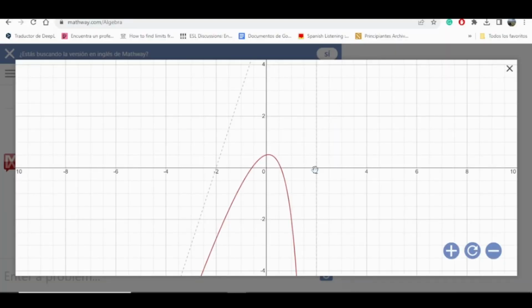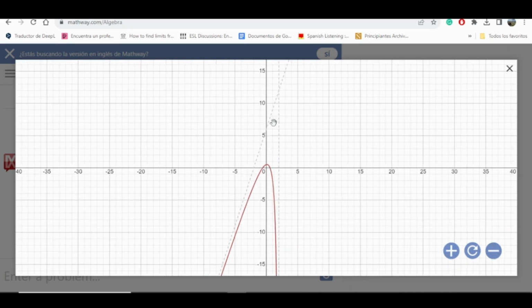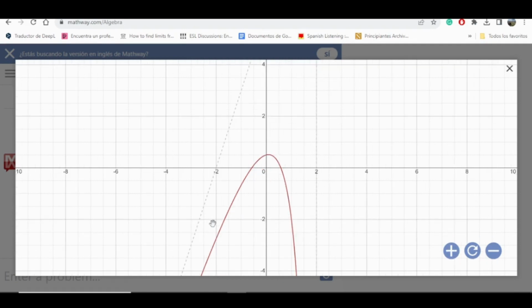In this graph, you can see the oblique asymptote in this position, but check, we don't have any horizontal asymptote, like we said, and we have one vertical asymptote, also like we said. The vertical asymptote is at the number 2. This is the graph, and this is the way you can find the vertical and horizontal asymptotes.